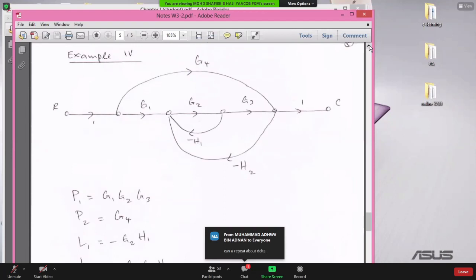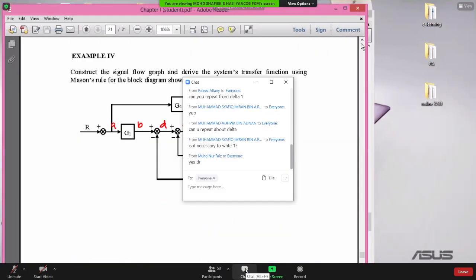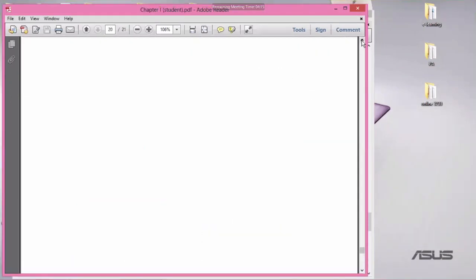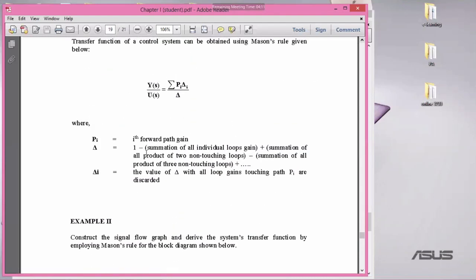Can you repeat about the delta? Is it necessary to write 1? Yes, this one is necessary. What is delta? You go back to the definition of delta. Delta is equal to 1 minus the summation of all individual loops plus the summation of all products of two non-touching loops.